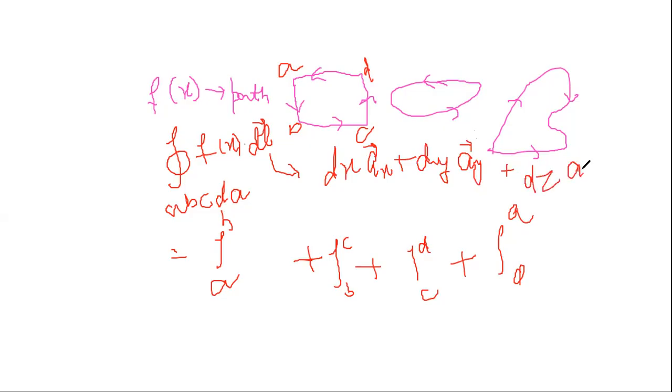So here you will have to integrate this with respect to dx, with respect to dy, with respect to dz, and you will add the final result and you will get your answer. So this is called the line integral, a single integral. Single integral means one integral.